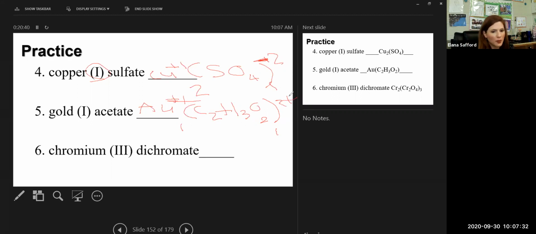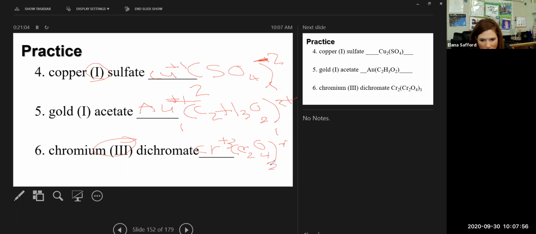Next one, chromium 3 dichromate. Chromium has a plus 3 charge. I know because of that Roman numeral. Dichromate is Cr2O7 with a minus 2 charge. Then we're going to crisscross.